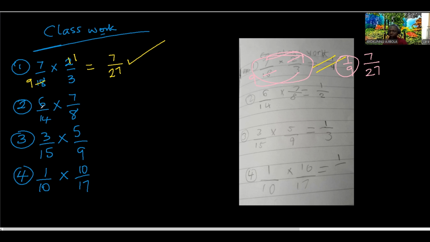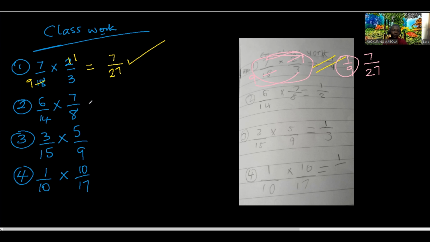Yes. Good. So let's go to the second one. What number can divide anything above and below? What number? Okay, 7 can divide 14.